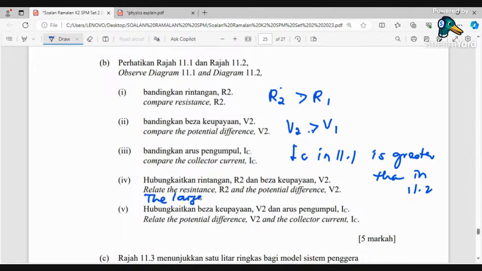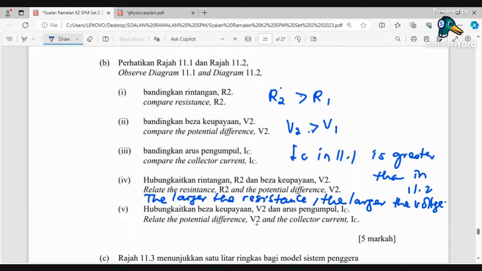The larger the resistance, the larger the voltage, ataupun V2. Okay, the larger the R2, the larger the potential difference V2.